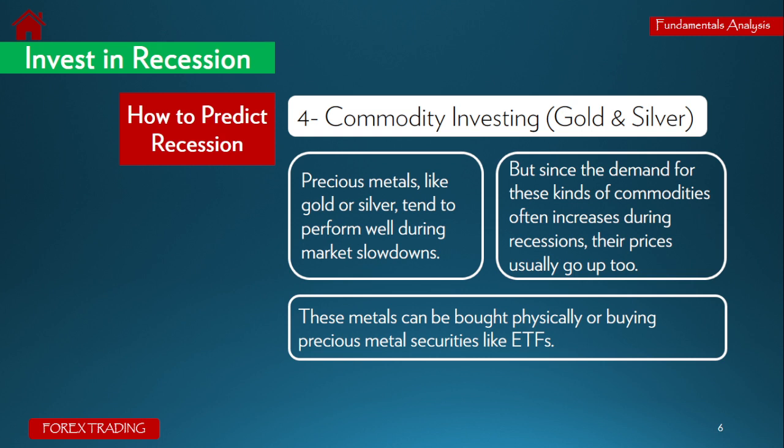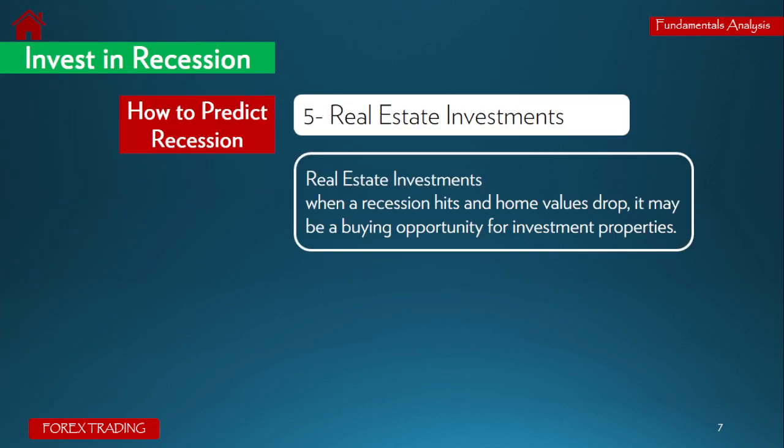So it's a double-edged sword. Their value increases, but their prices also increase. So you tend to buy at a higher price, but they are bound to go to another level of high prices. These metals can be bought physically or by buying precious metal securities like ETFs.